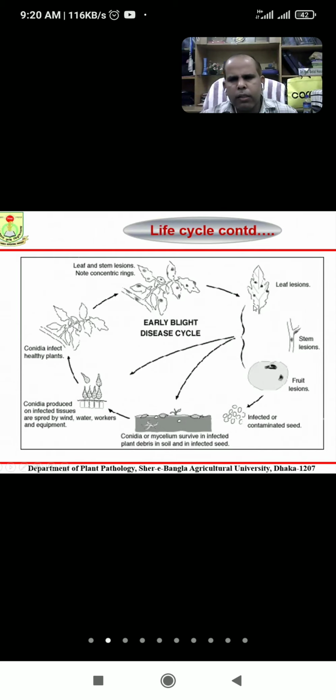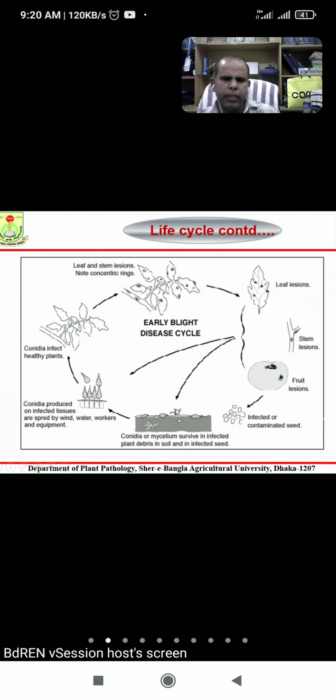That can survive in the leaf, in the stem as well, and can also be associated with the fruit as a lesion, and ultimately the seed can also be infected or contaminated. So this is the way. And from the leaf, as plant debris, or from the leaf it can again germinate, with mycelium formation, and then the conidiophore and conidia. So this is the short way of the life cycle, but I discuss here the life cycle in detail.